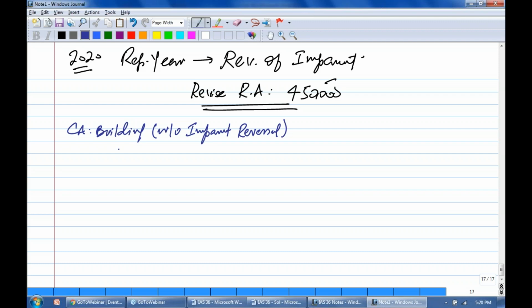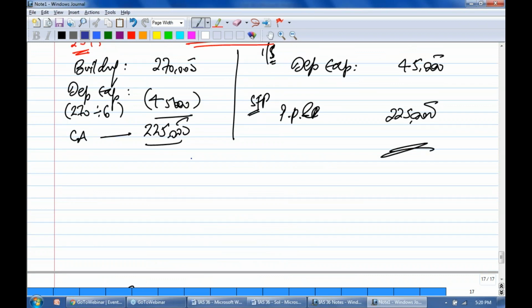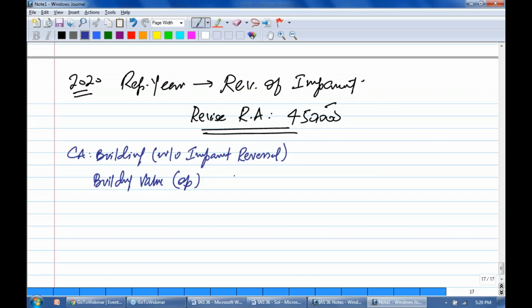That's very simple. Building value opening, that is 225,000.